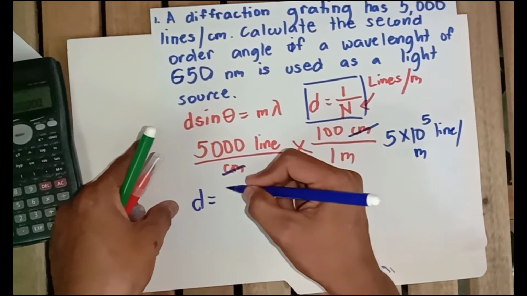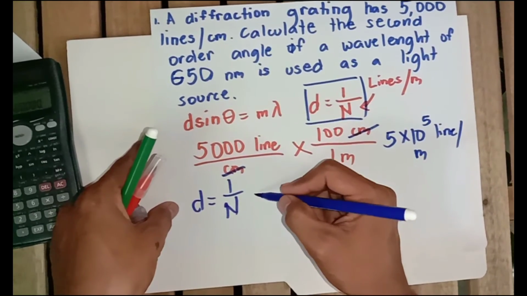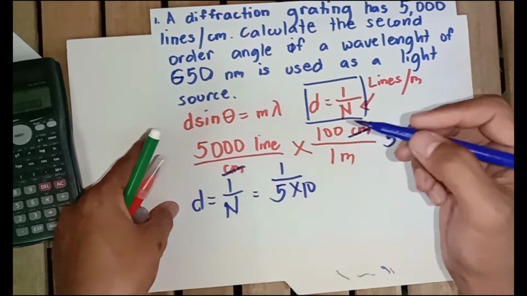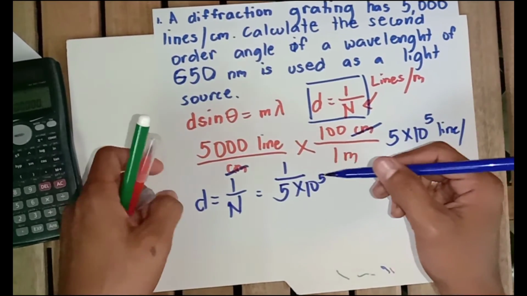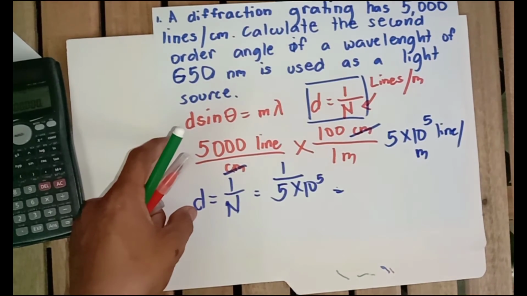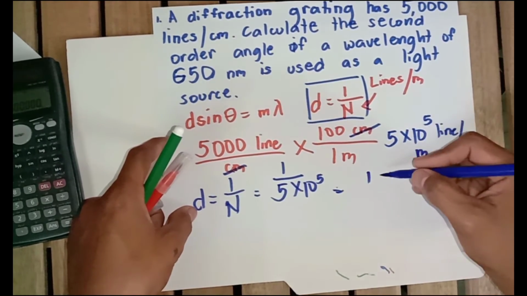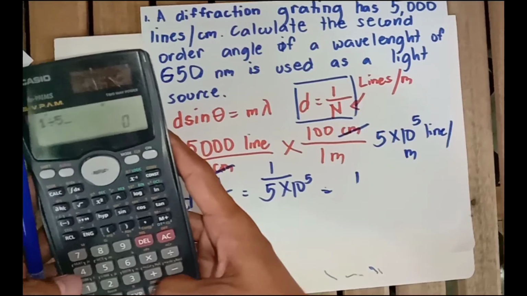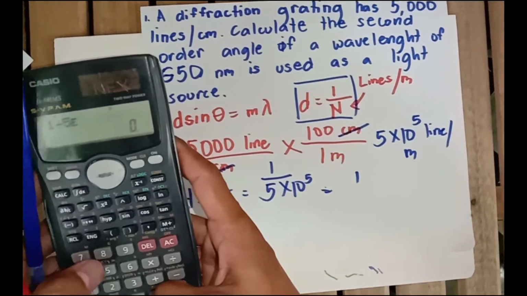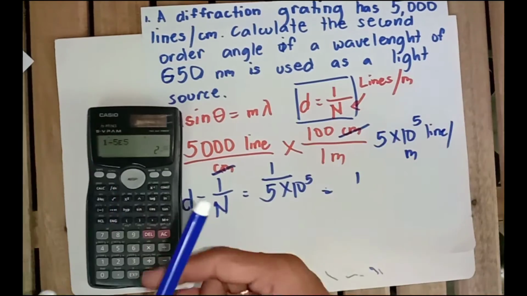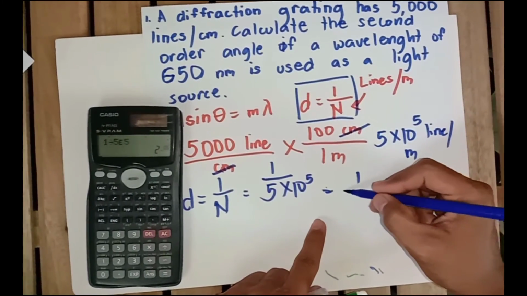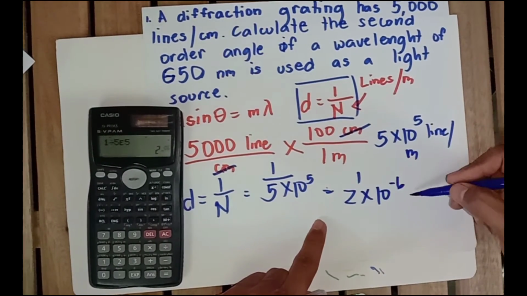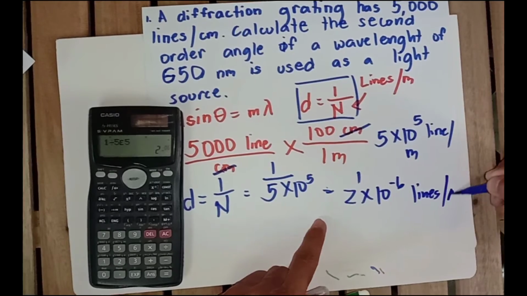And we will use the formula here. d is equal to 1 over N, equals 1 divided by 5 times 10 raised to 5, which equals 2 times 10 raised to negative 6 meters per line.